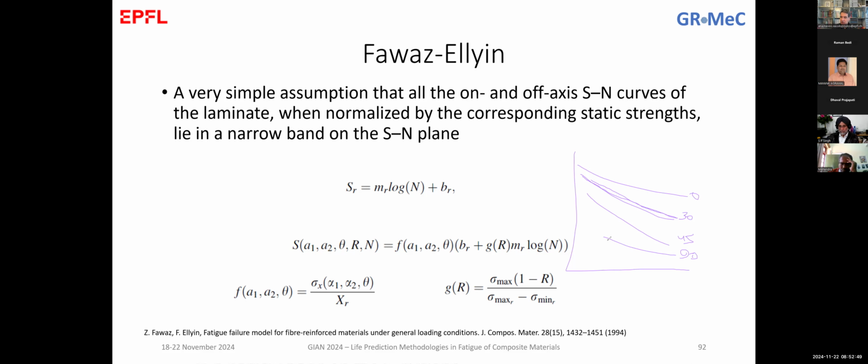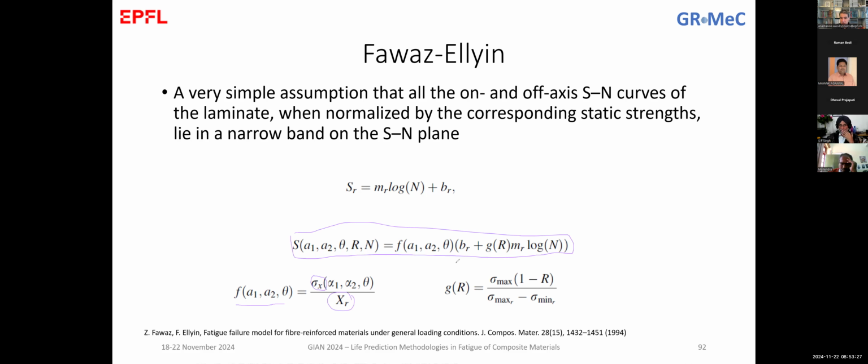And you can have a kind of master curve if you normalize all of them by their static strength. And to do this, they established this set of equations where, as we see here, for them the new SN curve is this equation. And the terms that we see, the term F is the ratio of the strength of the material in the off-axis direction compared to the strength of the material of the SN curve that we assume is known.